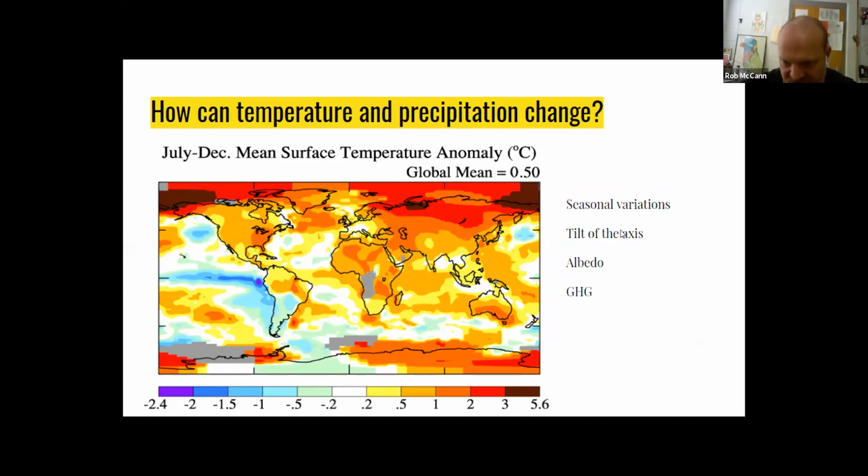We have the tilt of the axis, meaning whether the northern hemisphere is tilted towards or away from the sun. That changes the impact of solar radiation. If we're tilted away, we're getting more of a glancing blow of solar radiation. When the northern hemisphere is tilted towards the sun, we're getting more direct sunlight. That gives us our variations in temperature.